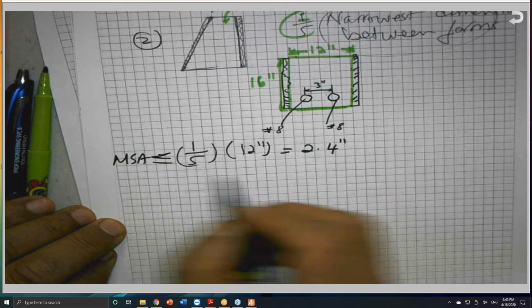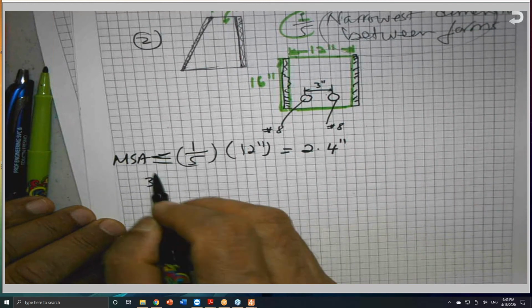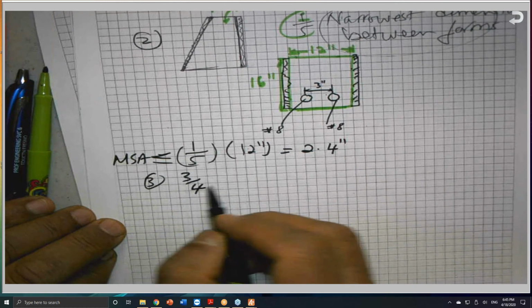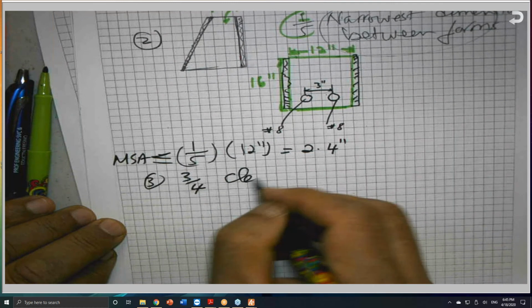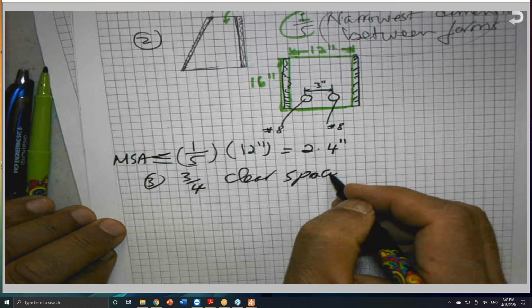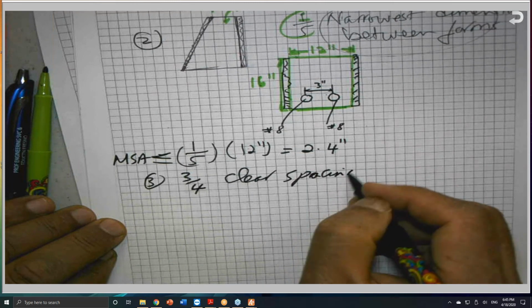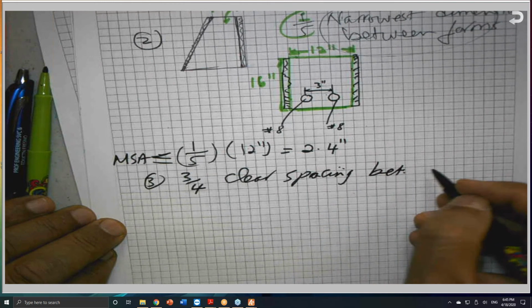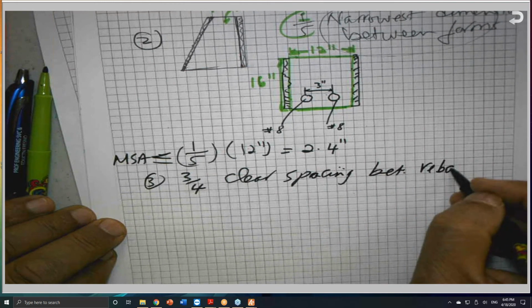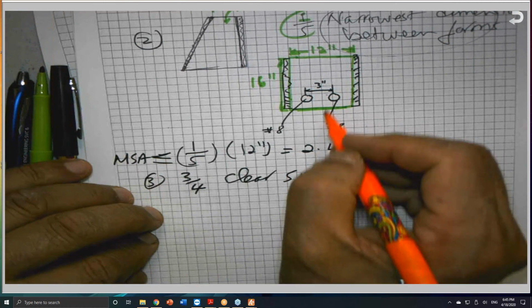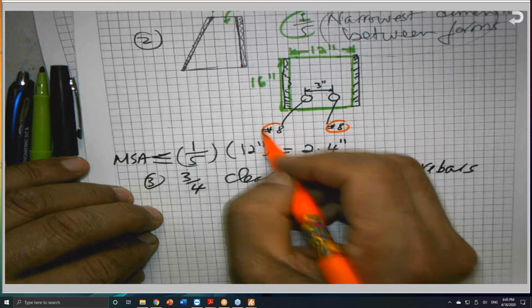This is one criterion. The third criterion is 3/4 of the clear spacing between rebars. Number 8 has a diameter equal to 1 inch.